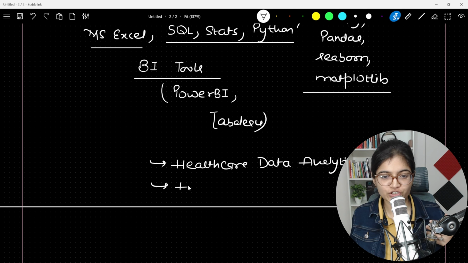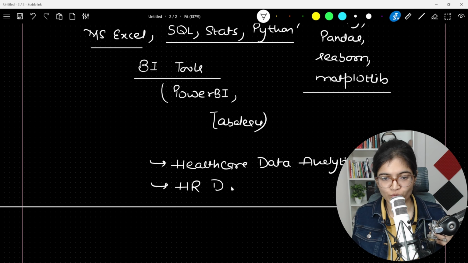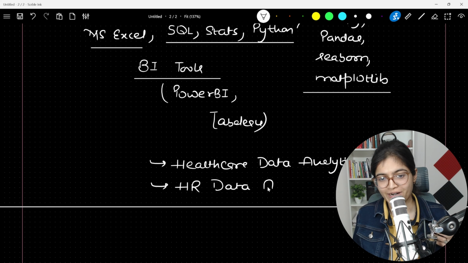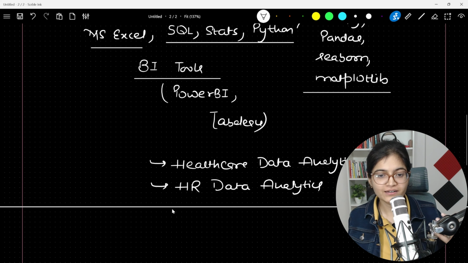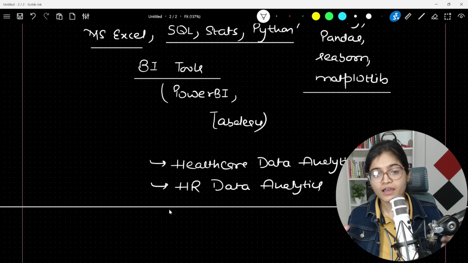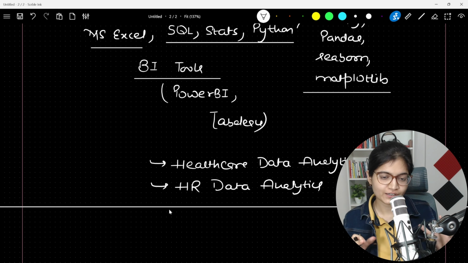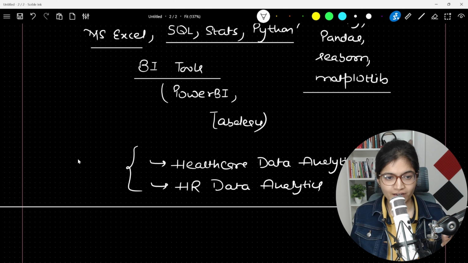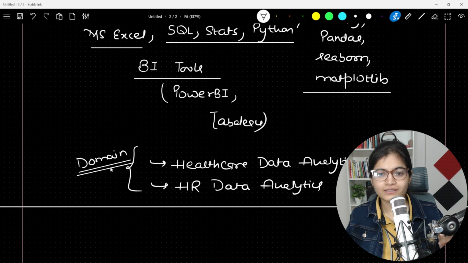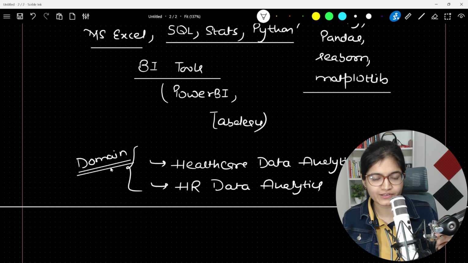If you are from the HR domain and you want to look at roles with respect to HR, you can search for HR data analytics. If you are in the supply domain, search supply chain data analytics. What I'm trying to convey is that depending upon different domains, in every organization the data analytics job role is different and the naming convention is different.